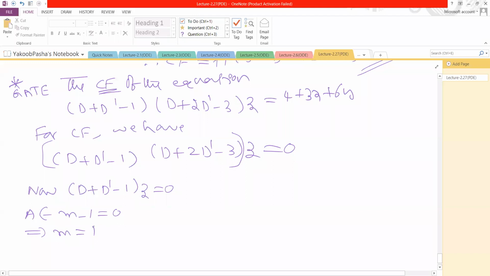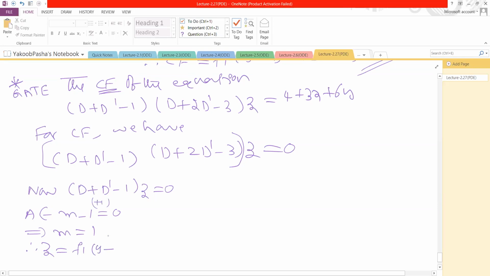While writing m equal to 1, we can write z, one part of the complementary function, that is z is equal to f1 of arbitrary constant. Here the coefficient of D dash is plus 1.